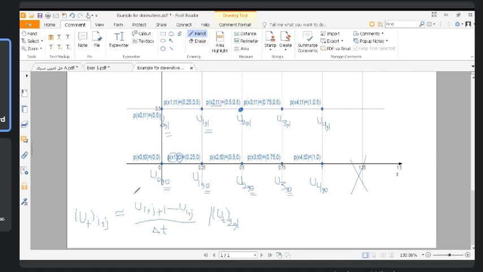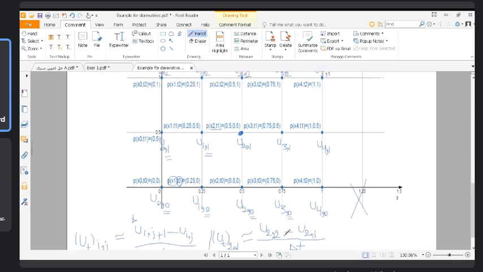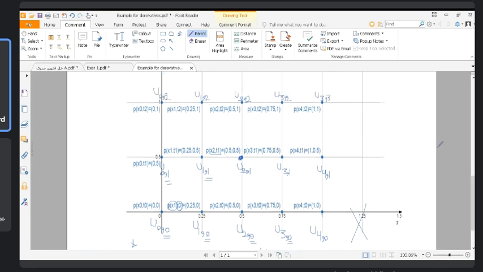Based on this formula, I should write u2 and 2 minus u2 and 1 over delta t. Okay. What about u at 2 and 2? Please compute u2, 2.